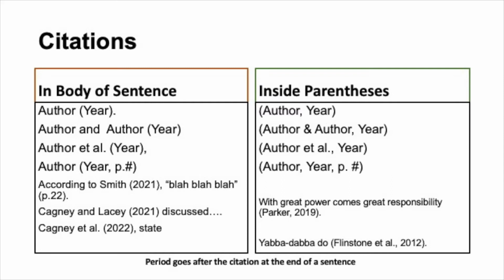In the event that you have more than two authors, APA says you can now go to having the et al., which means there's more than two people who wrote whatever it is you're citing. And so this cuts down on the amount of typing you have to do, but you need to then put et al. and then a comma and the year.